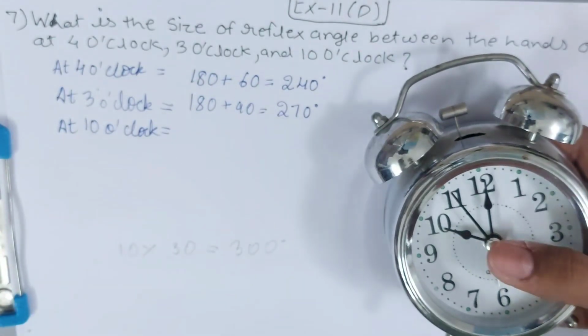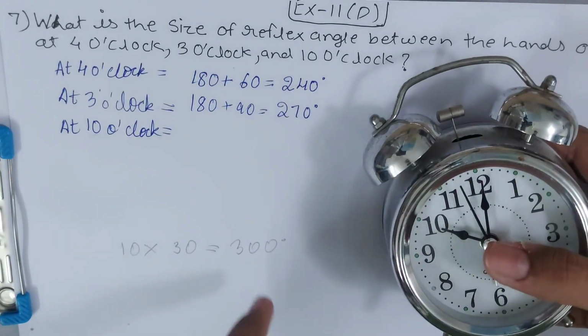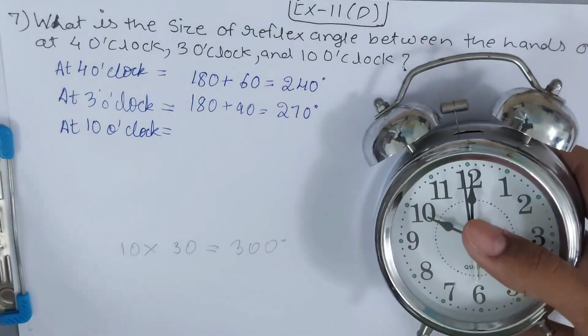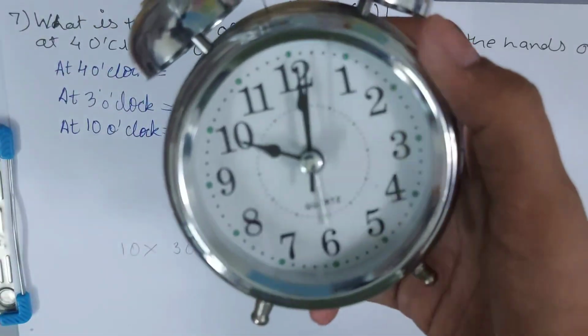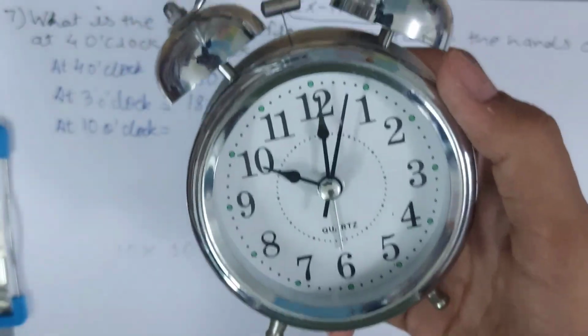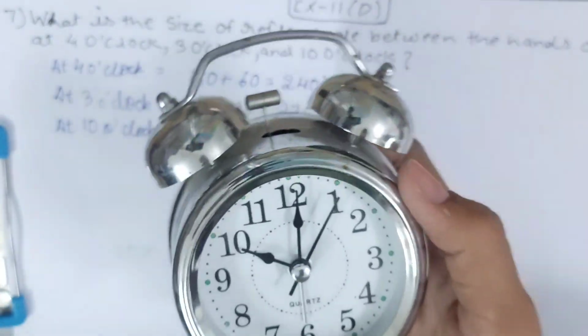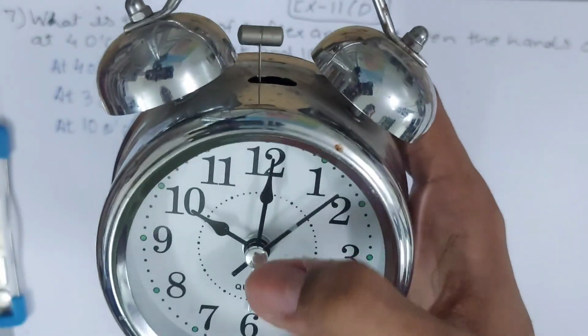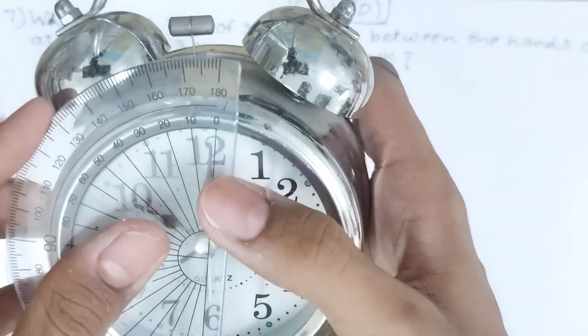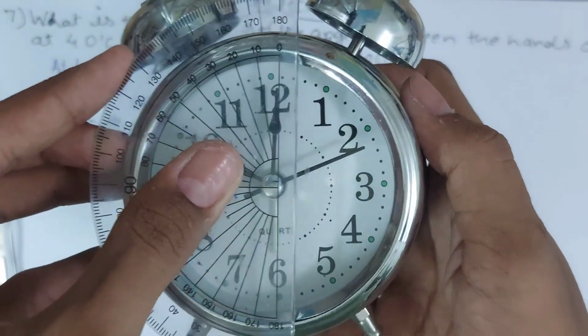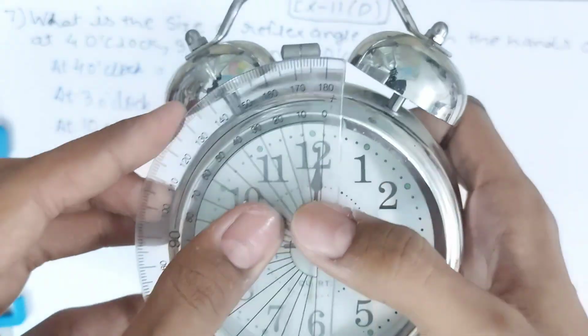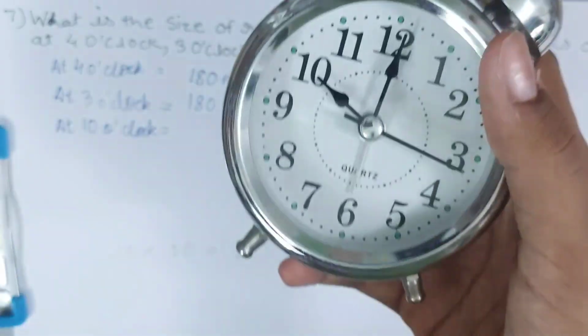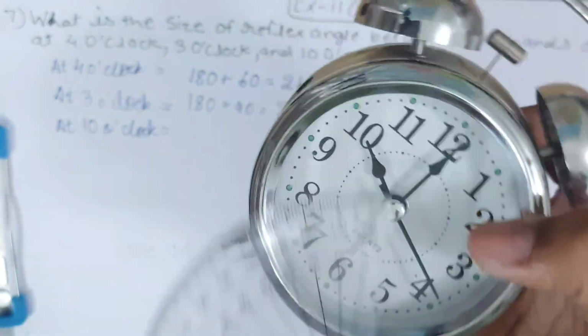We know it here only, right? 300 degrees, right? So it's clear, but I'll show it to you here on the clock as well. Now focus here, right? I'll take my protractor. Again, 12 to 6 is 180 degrees, so I won't be measuring it. Simply if you keep your protractor, you will see it's aligning with it. So my silver pointer is back here at what? 6.